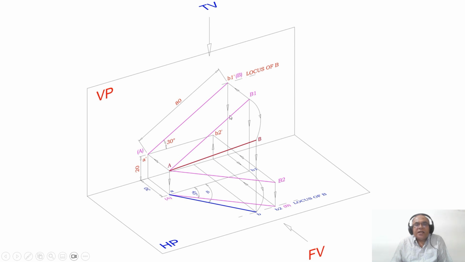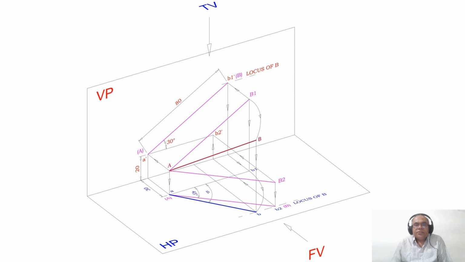With this as center, when you start rotating, this vertical line is being rotated till the locus of B in the top view. So when you project that point, it will be here on the locus of B in the top view. So you got B, so join A to B with a dark line. This will be the beta inclination.